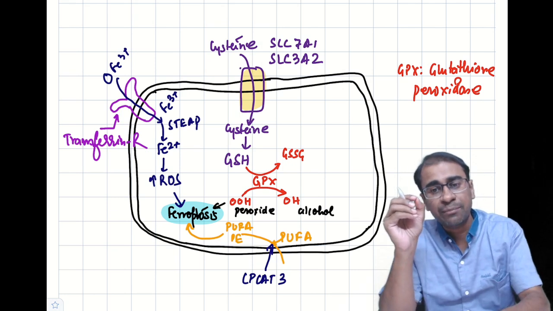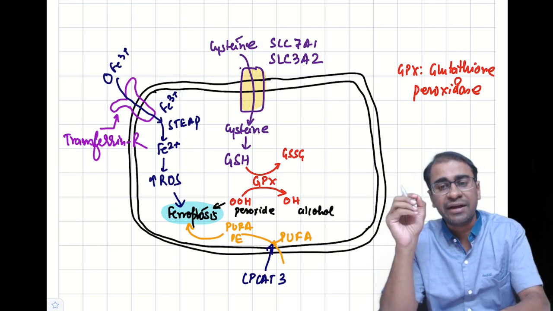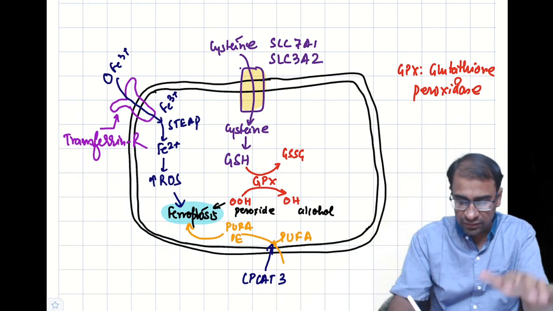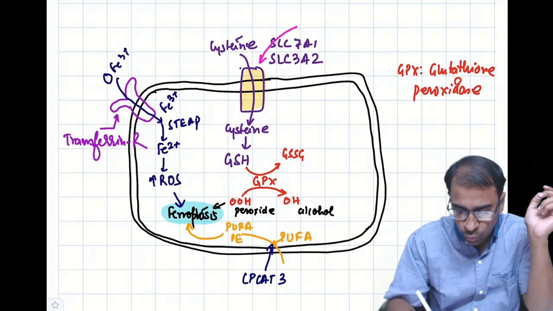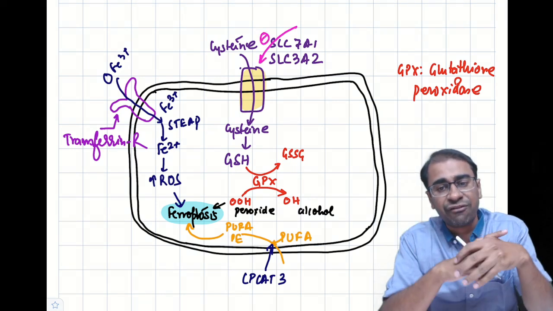One of them can be a direct inhibition of this receptor here. If some drug is able to inhibit this, it will increase the ferroptosis.